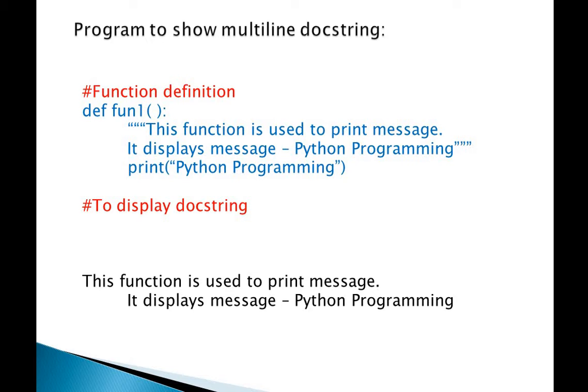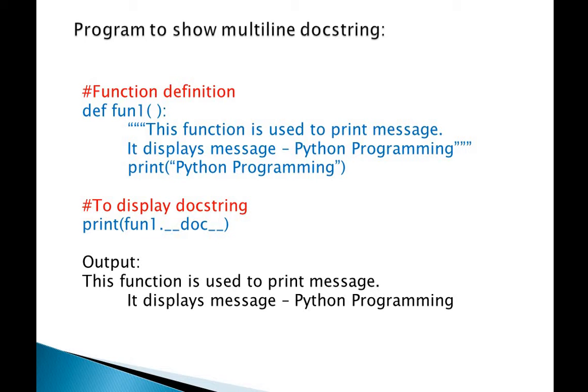We have seen the attribute double underscore doc double underscore that will display the documentation string. So once we execute this particular program, we will get the output. This function is used to print message. It displays message Python program.